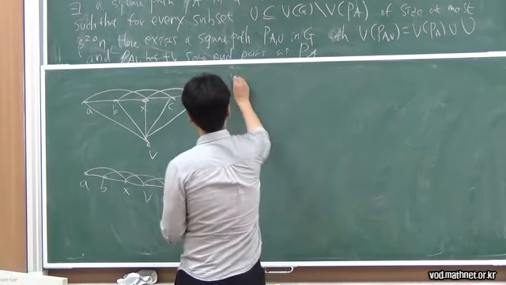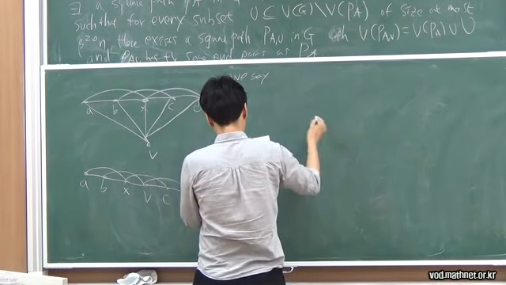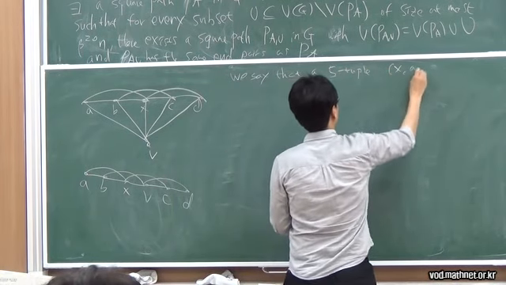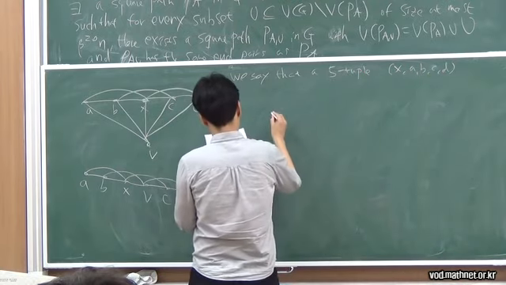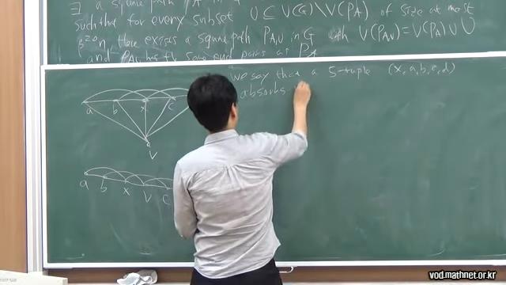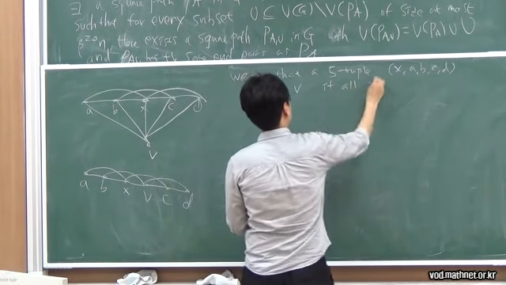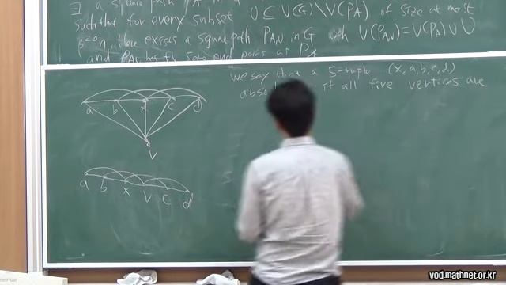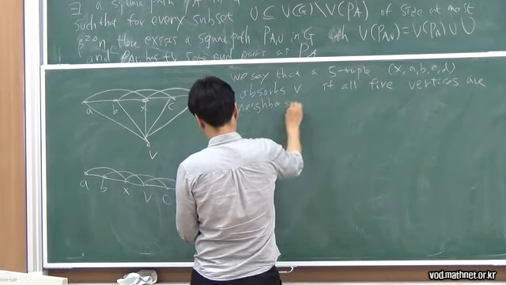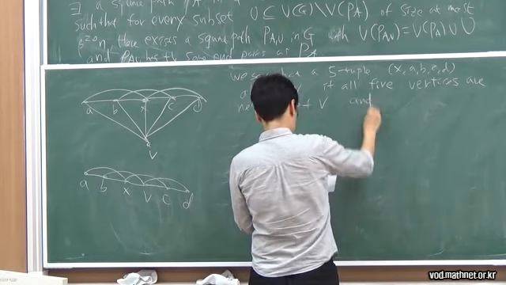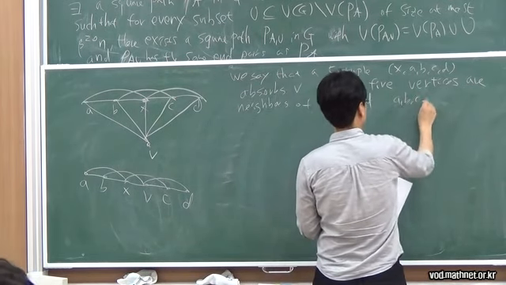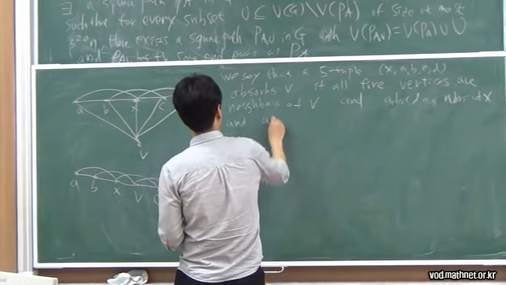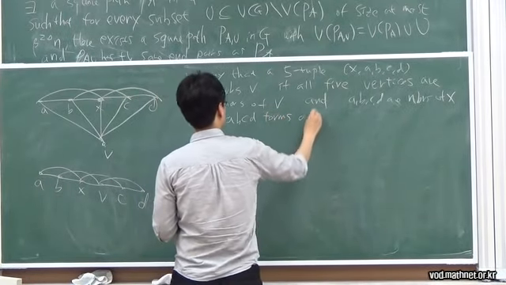So we say that a 5-tuple X, A, B, C, D observes V if all 5 vertices are neighbors of V, and A, B, C, D are neighbors of X, and A, B, C, D forms a path.